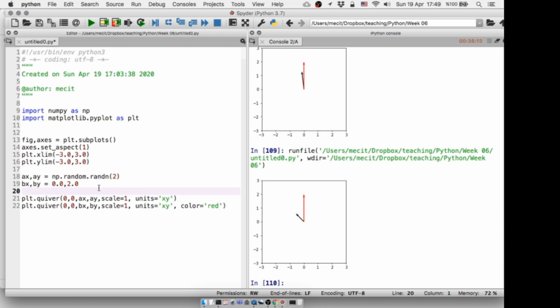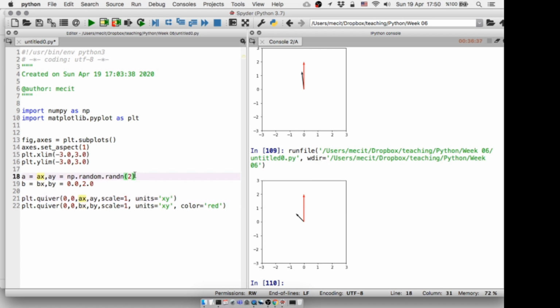Now we have the basic vector plotting done. I want to show you, instead of working with two variables, I can set them to another variable b. Maybe you are not familiar with this representation.